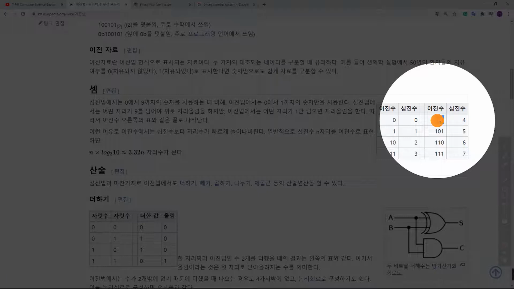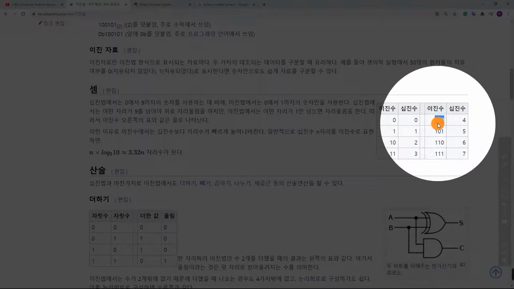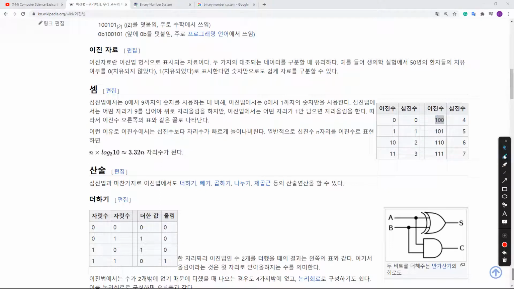Binary system has only two digits, 0 and 1. So if you see something like this, you cannot say that this is 100. Instead, it's better to write it in a slightly different way, for example, 1, 0, 0 in binary system. The subscript 2 means this system has only two digits, 0 and 1.